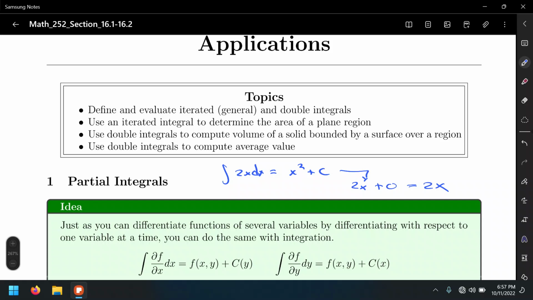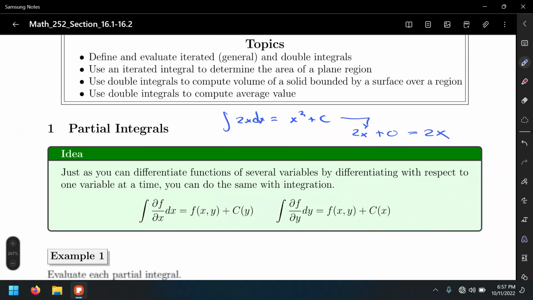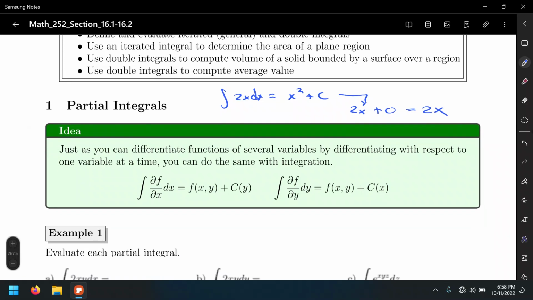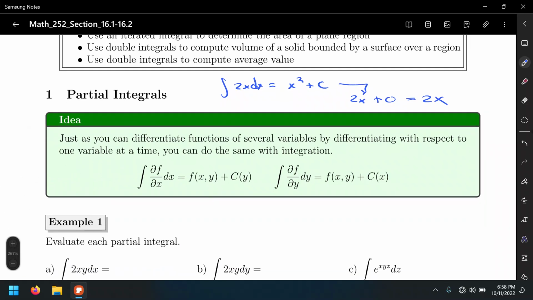Now, when we integrate functions with more than one variable, that constant of integration is not just going to be a number. It could be just a number. However, that constant is a function of the variable with respect to which we are not integrating. For example, if we integrate some partial derivative with respect to x, we're going to get the original function f of x y plus c.